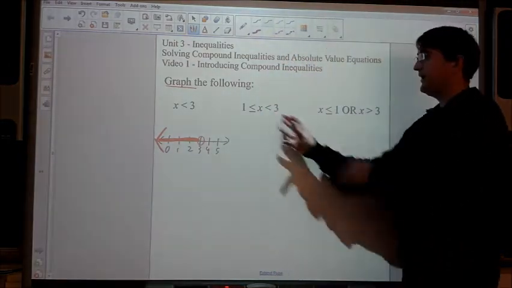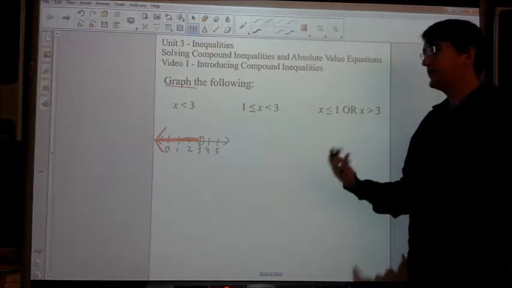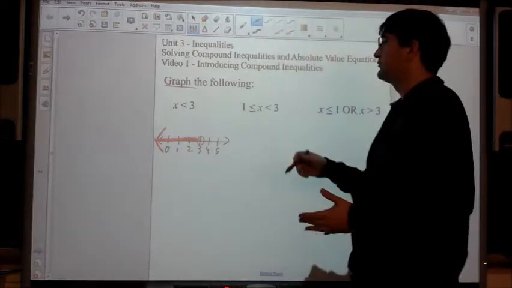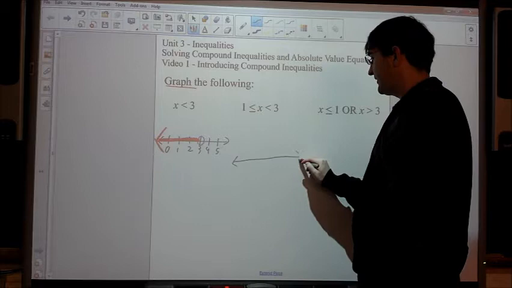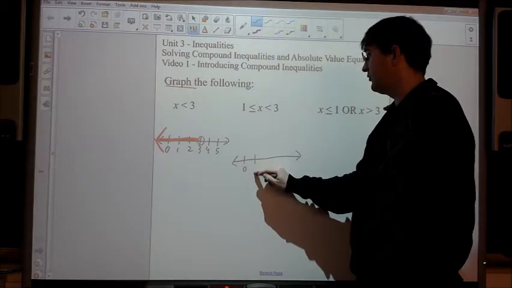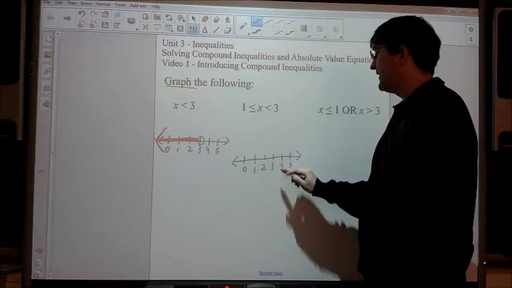So when we have compound inequalities like these two here, it works the same general way. The way that we go about this is the same general principle. I create a number line. This time I want to make sure that it includes both 1 and 3. So again, I'll just do the same thing. 0, 1, 2, 3, 4, and 5.